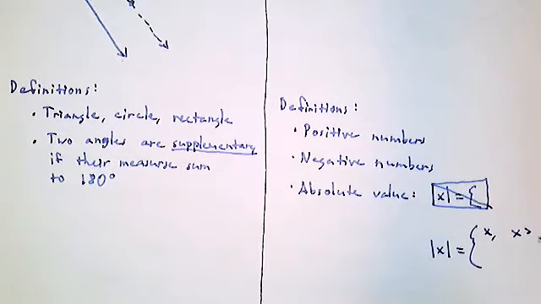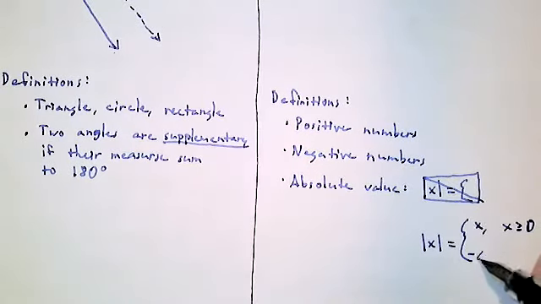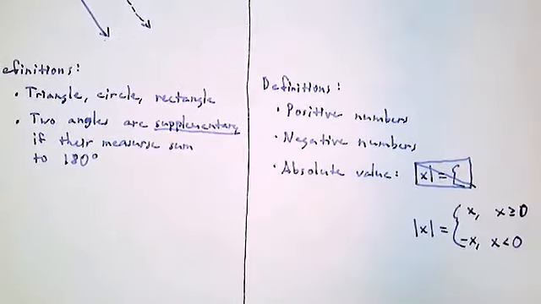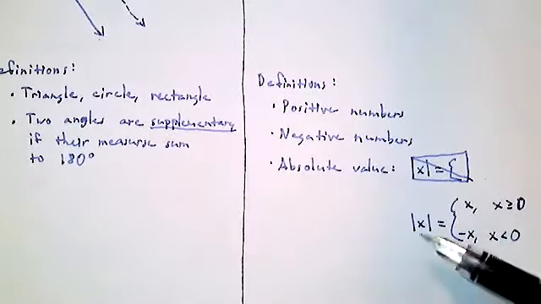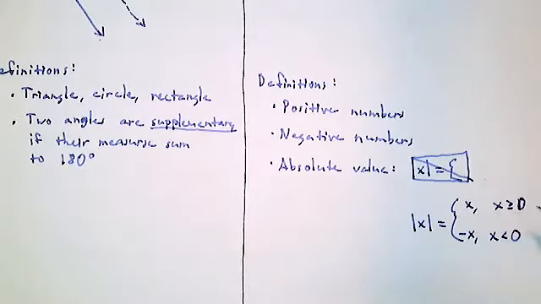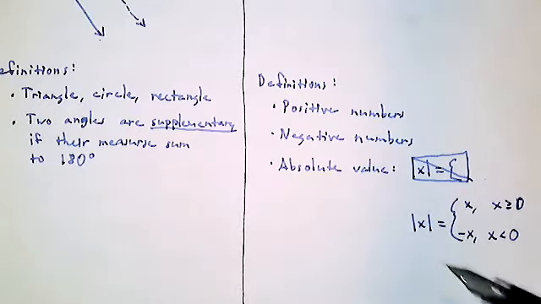And we often use this kind of piecewise notation when we have different cases of things. So the absolute value of x is equal to just the number x if you have something greater than or equal to 0. But if you have something less than 0, you have to put an extra minus sign on it so that it becomes positive.